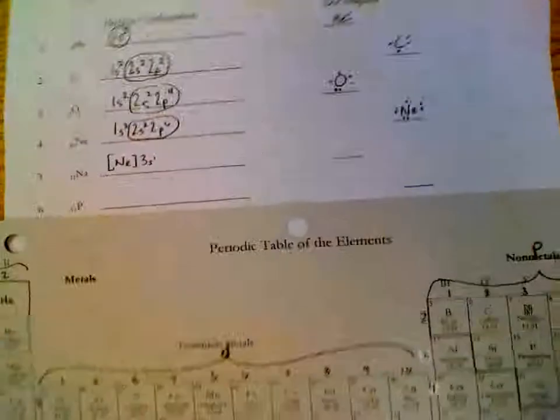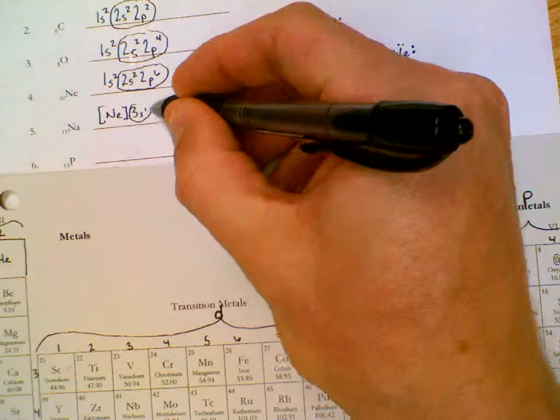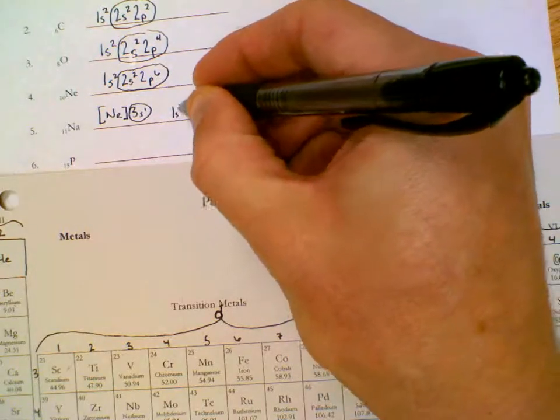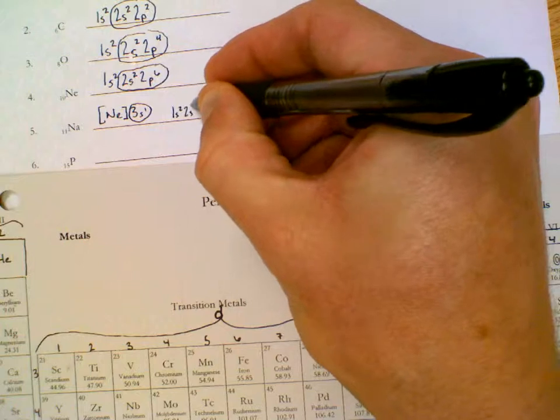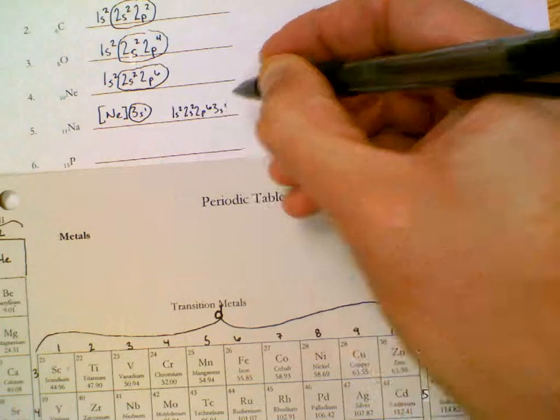So this is what we would write down, neon 3s1. We would circle the 3s1 because that's our highest. If we were to write the full thing, it'd be 1s2, 2s2, 2p6, 3s1.